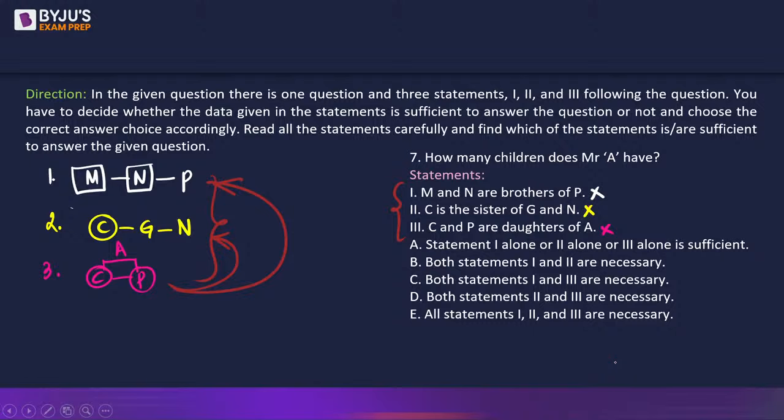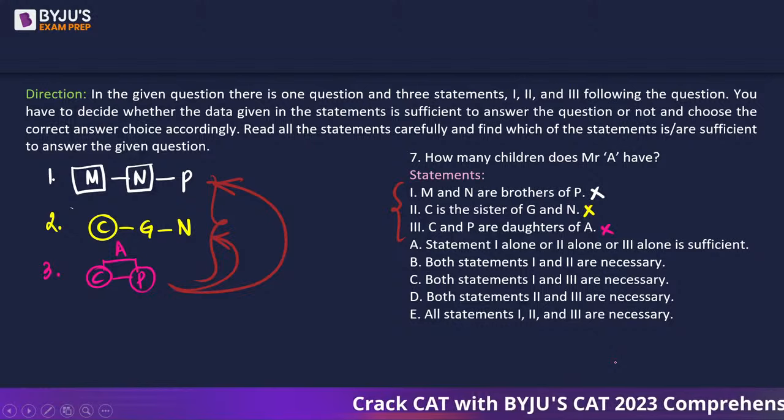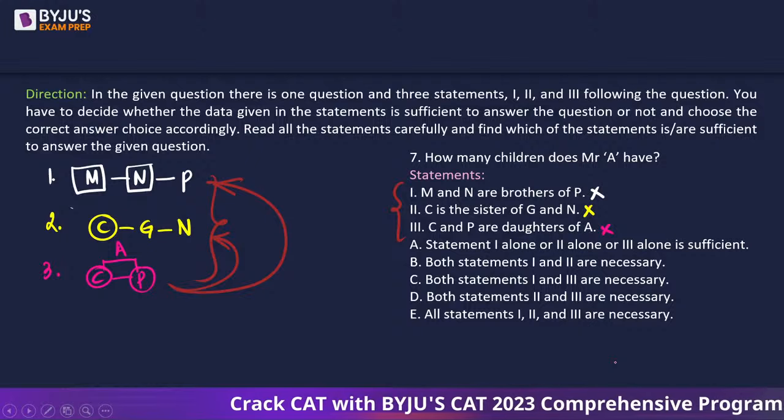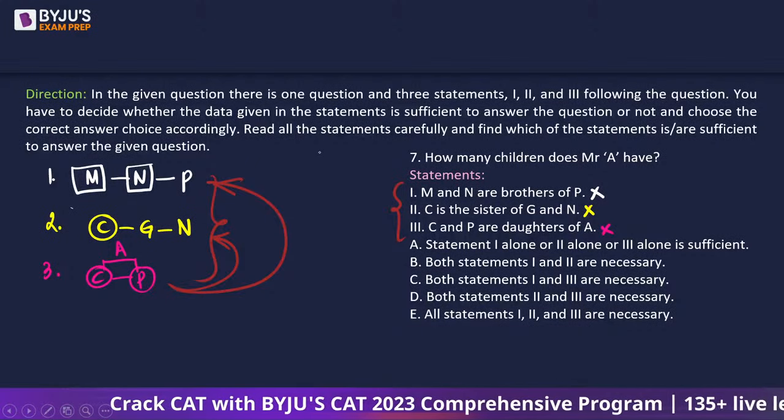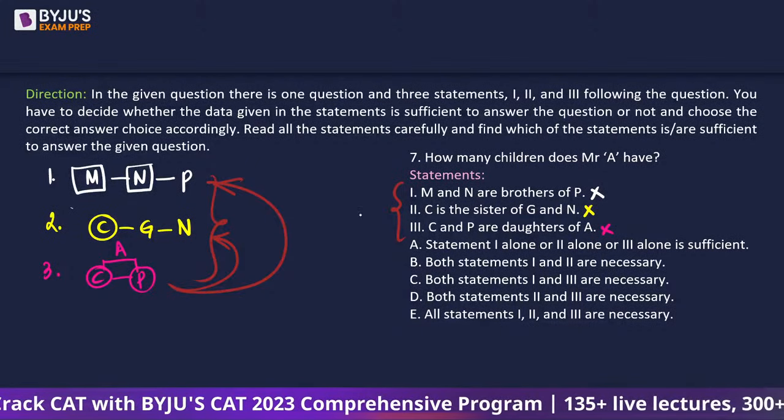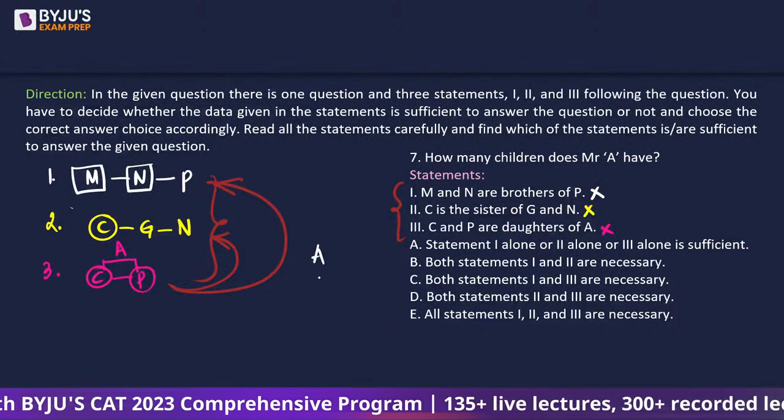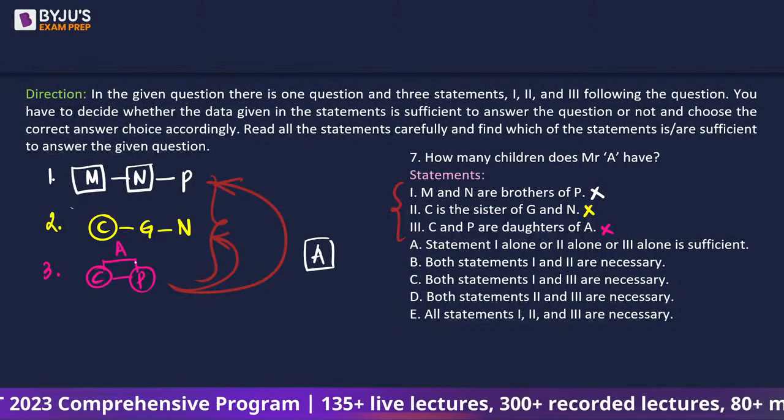Since we do not have an option which says all statements together will also not give us the answer, or it's not sufficient enough, that would mean कि मेरे को combine कर लेना चाहिए. So obviously if I combine, I will get that A is, since A is Mr., male.